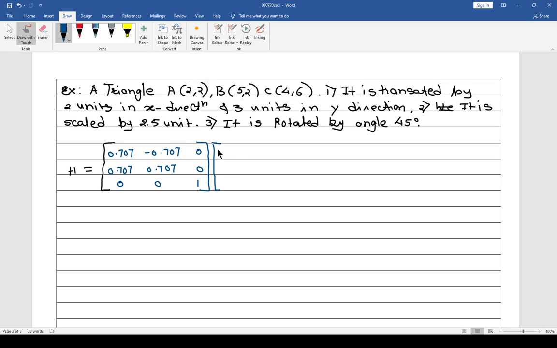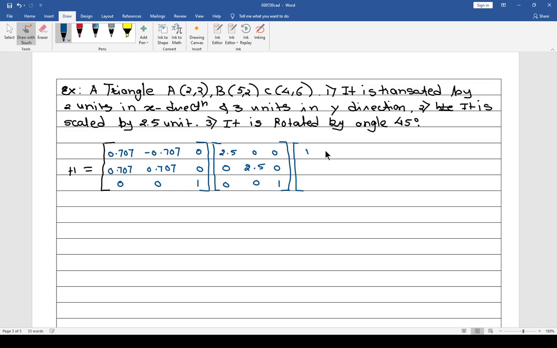Then it is scaled by 2.5 units. So 2.5 0 0, 0 2.5 0, 0 0 1. Okay, and my first operation is my last matrix. So that is going to be translation 2 units in x direction and 3 units in y direction.